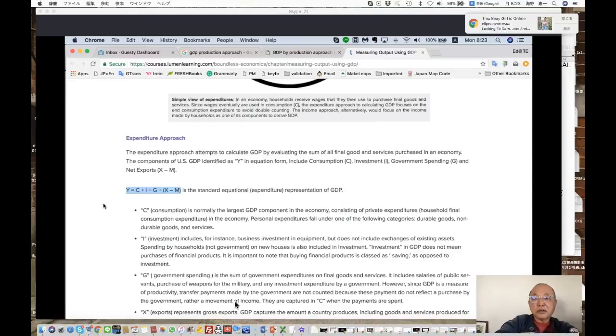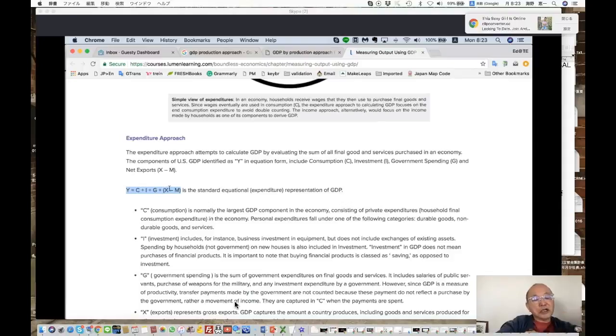So Toshiba is making microchips. They use raw materials from China. They buy the raw materials at a price of 100. They add value of 400. So that means they are actually selling their products in Japan.